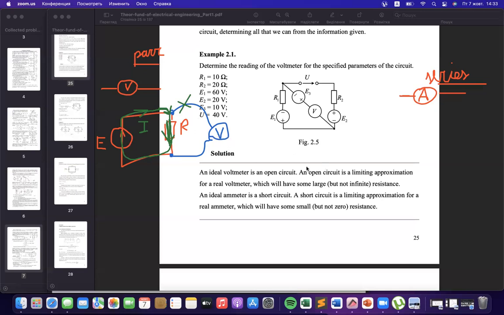Because voltage equals current multiplied by the resistance, and this value should stay the same. That is why, to decrease the current through the voltmeter and make it negligibly small, this voltmeter should have infinitely high resistance. The resistance of this measurement device is very big. And that is why it is connected in parallel.